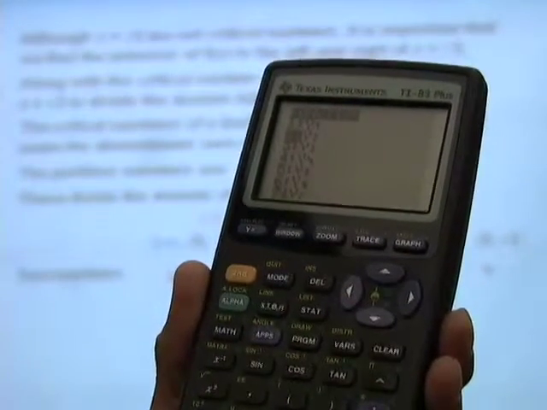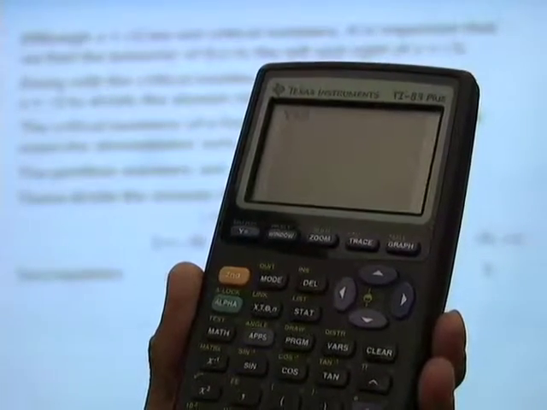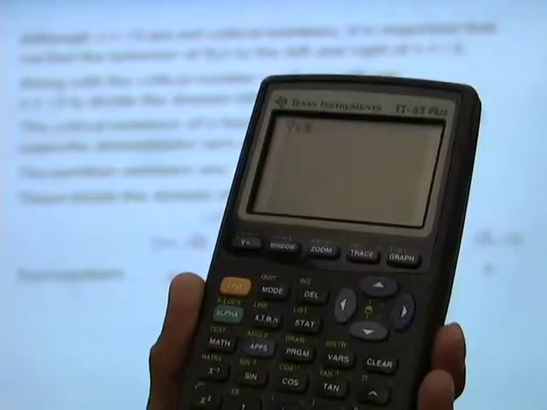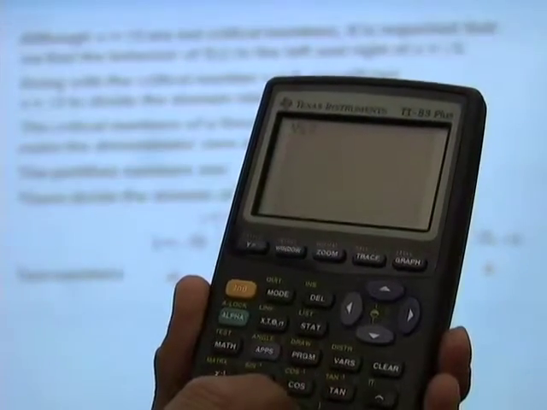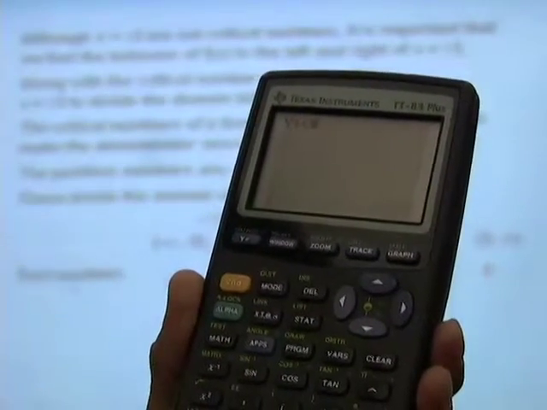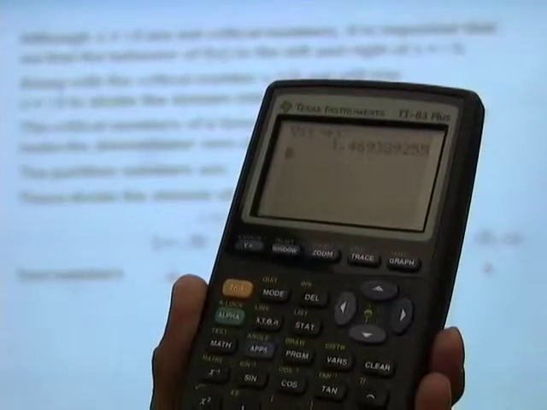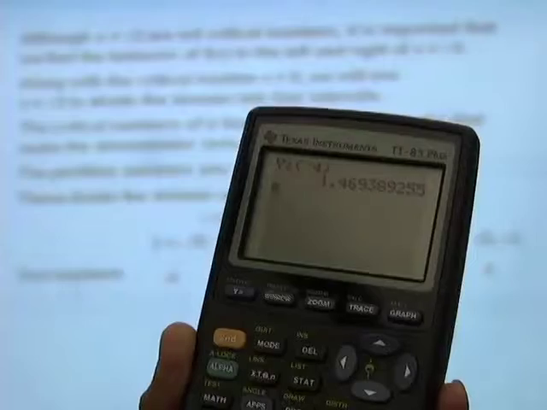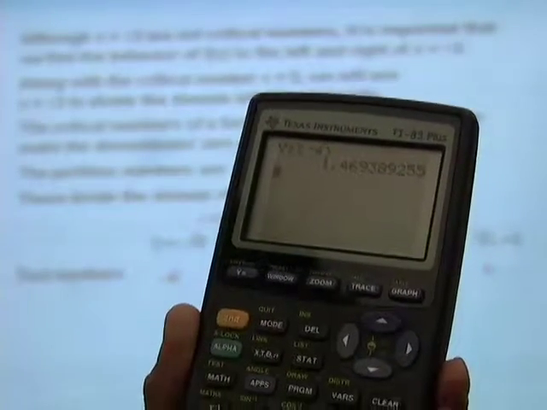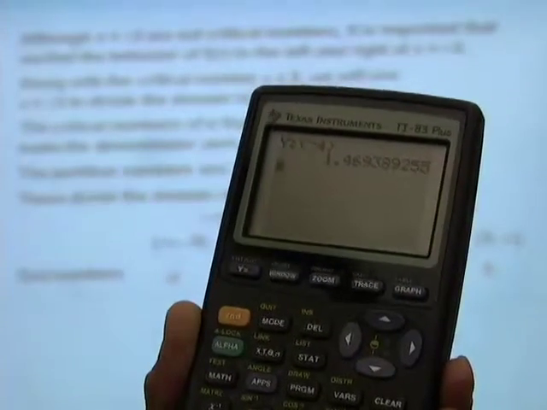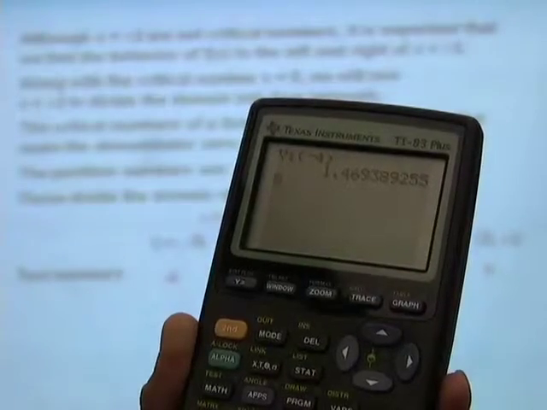Now come down to y2 and enter. y2 is our derivative. We want to find the value of the derivative at x equal to negative 4, and that is positive, right? The derivative is 1.46.